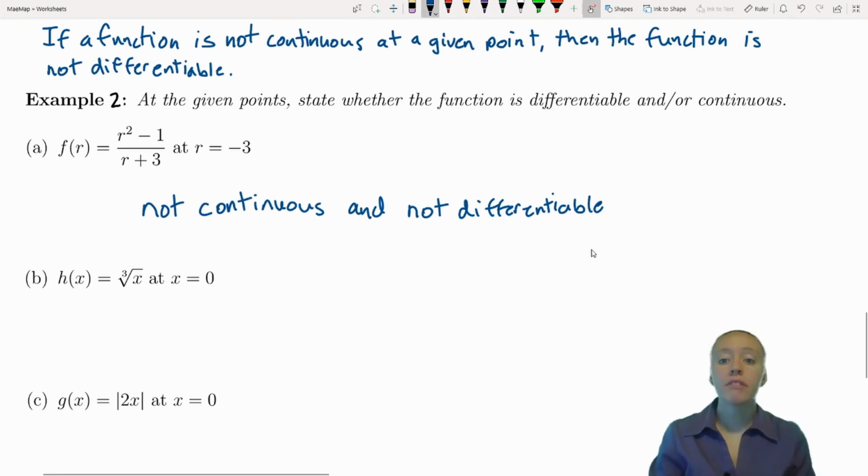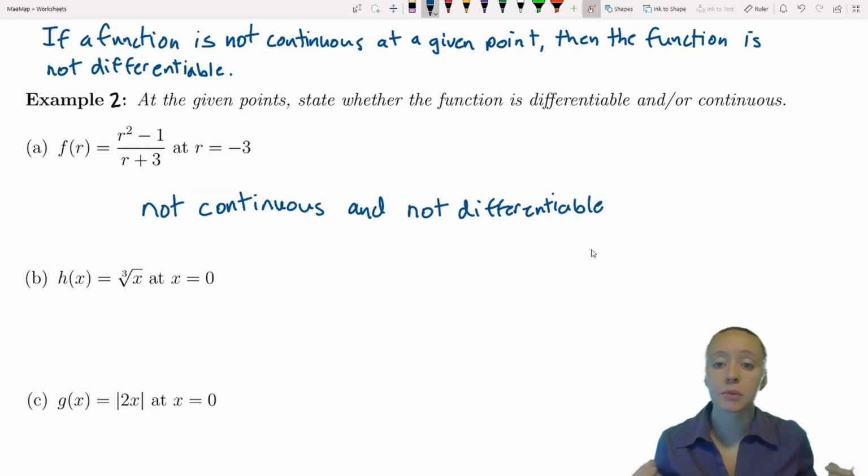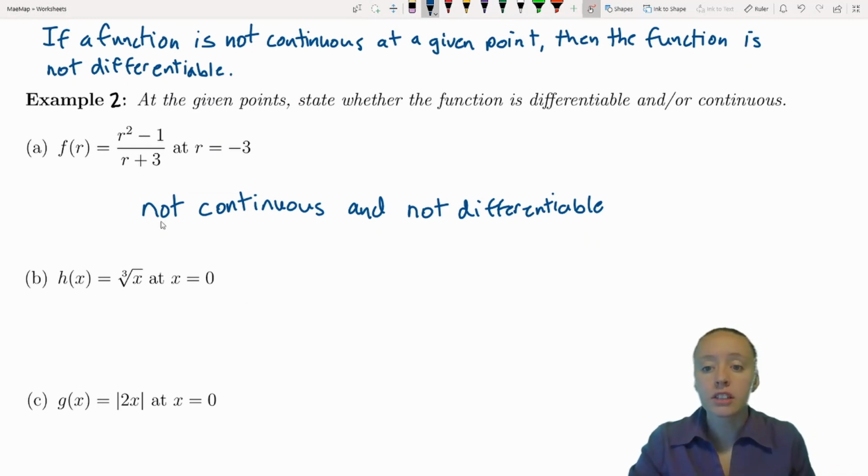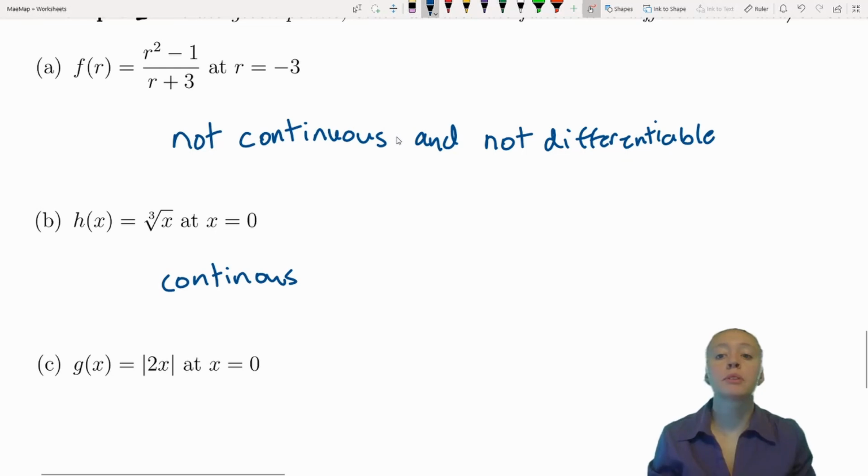In part B, we have the cube root of x, and we're trying to figure out if it's differentiable at x equals 0. Well, let's look. If we plug 0 in, can we take the cube root of 0? Yeah, we totally can. So we are indeed continuous, but are we differentiable? So just to save time on this worksheet, as opposed to trying to calculate the derivative using the limit, I'm going to tell you what this derivative is.